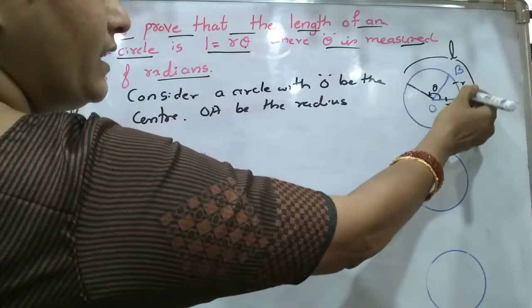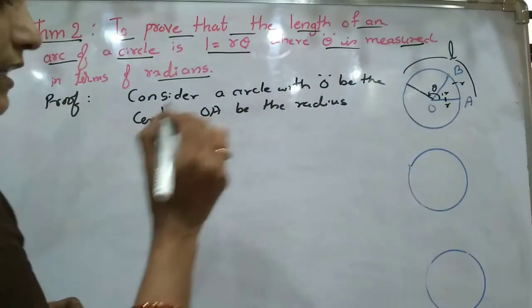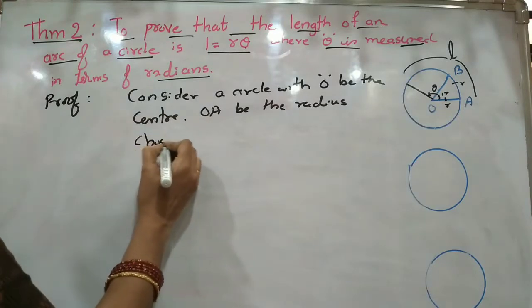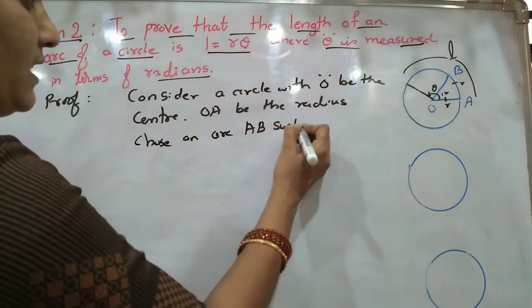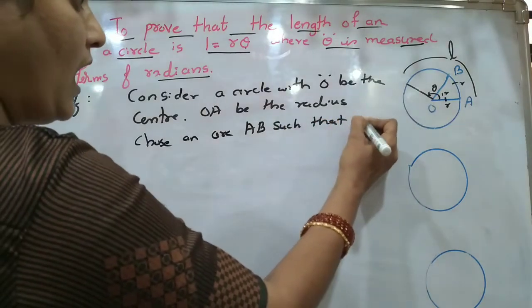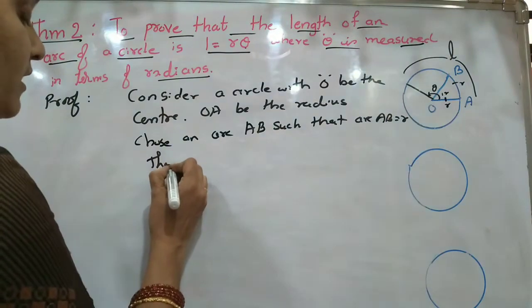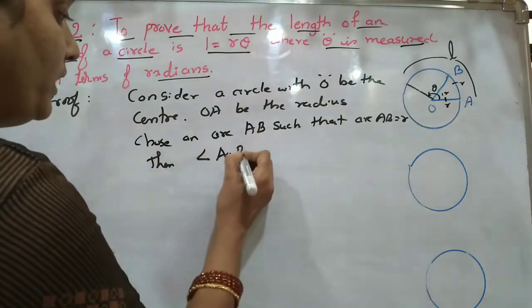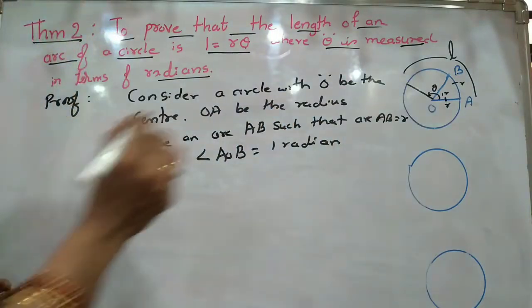If the arc length AB is equal to the radius, then the angle formed here is 1 radian. Choose an arc AB such that arc AB is equal to radius. Then angle AOB is 1 radian. This we know. Now, I make one construction.